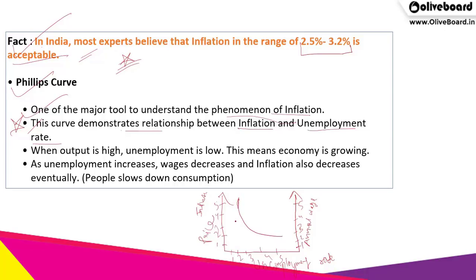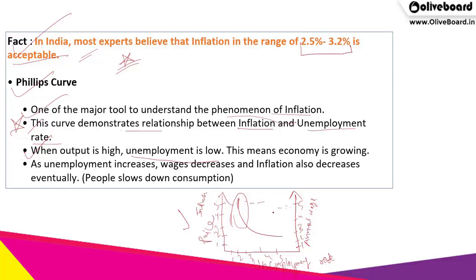So what it shows, basically, is that when the output is high, in this zone, unemployment is low. This is the unemployment rate, and this is low. Output is high, price is high, wages are also high.